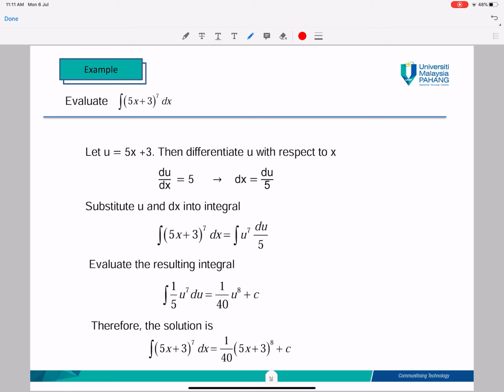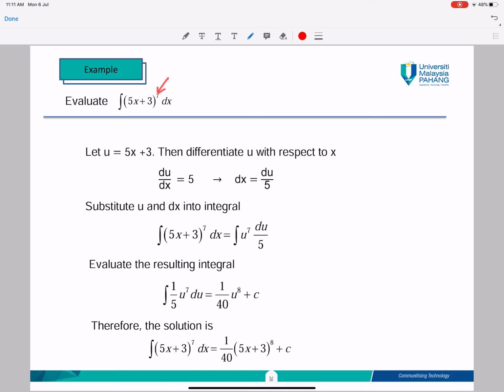Let us look at an example given in your lecture slide. Evaluate the integral of (5x plus 3) power of 7 dx. If you see here, we have (5x plus 3) power of 7 dx. It is possible for you to expand this, but it will be very difficult because of the power of 7.